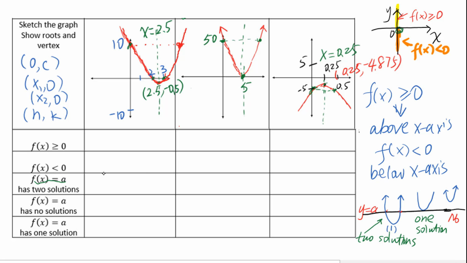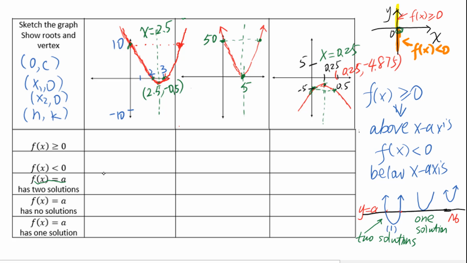For f of x equals a, in what situation do we have two solutions, one solution, and no solution? Suppose this is y equals a. The first quadratic function has two solutions because the line crosses the graph of the quadratic function twice.